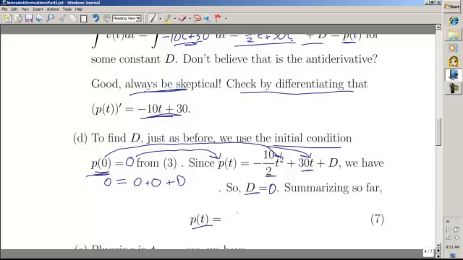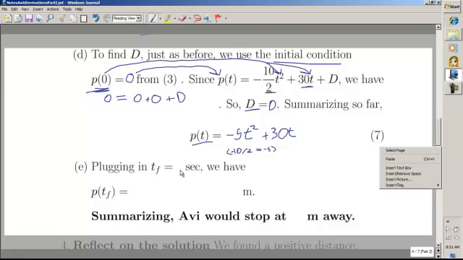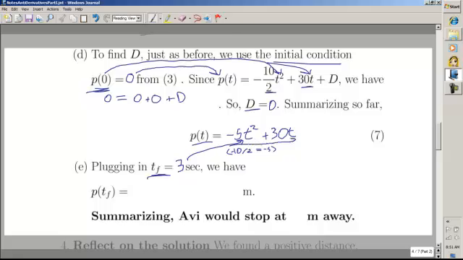So summarizing so far, P of t, we'll just simplify a little bit. It's going to be minus 5t squared plus 30t. And that minus 5, that's just because negative 10 divided by 2 is going to be equal to minus 5. So I just wanted to simplify a little. Now plugging things in, we found that TF, the stopping time, was 3 seconds. So we can take that and plug it in for our time.